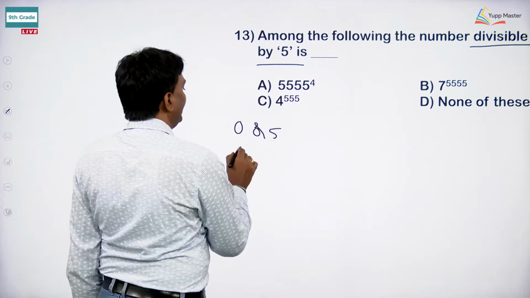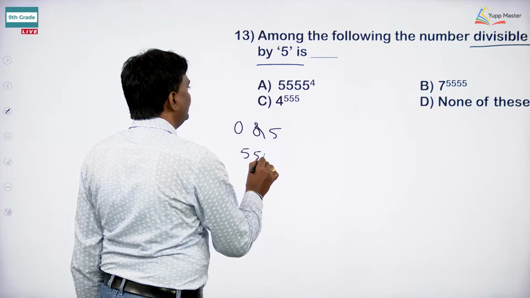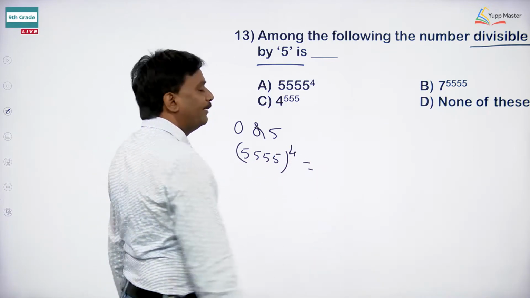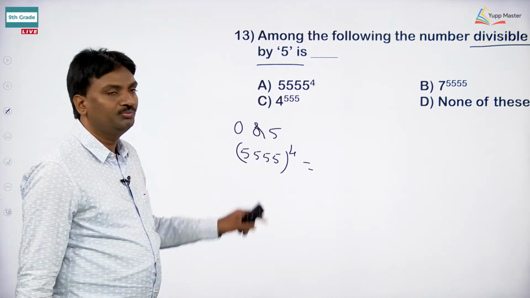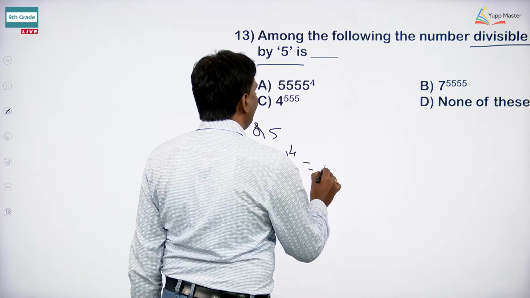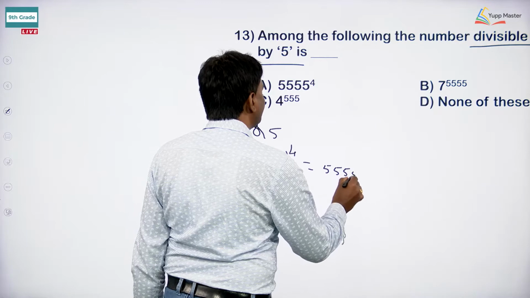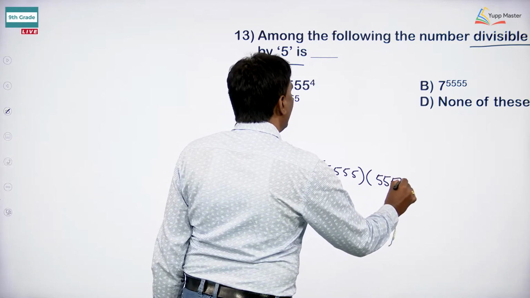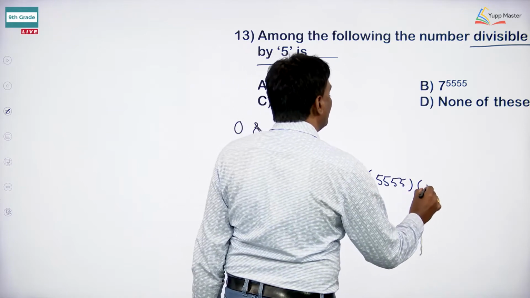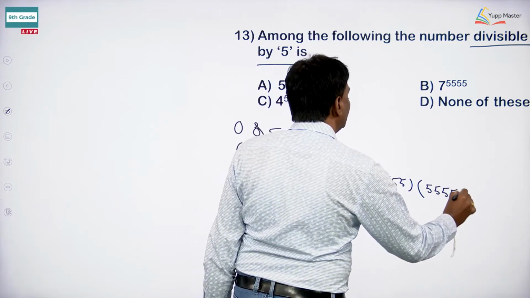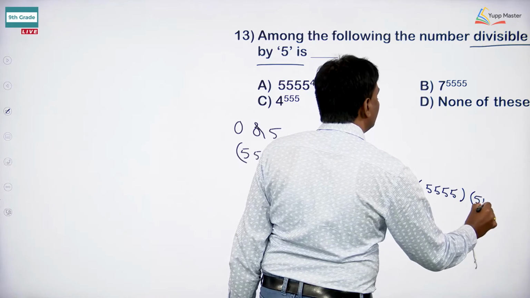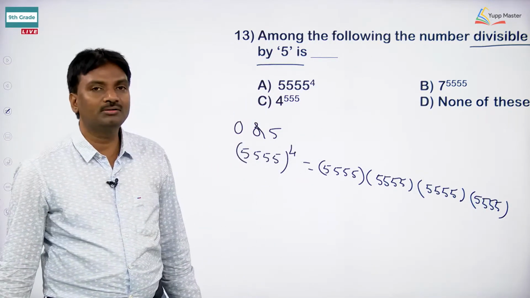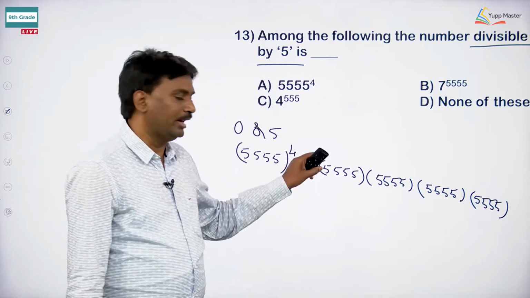If we take option A, we have the number 5555 power 4. The meaning of this is, we have to write 5555 into 5555 into 5555 into 5555, a product of 4 times.